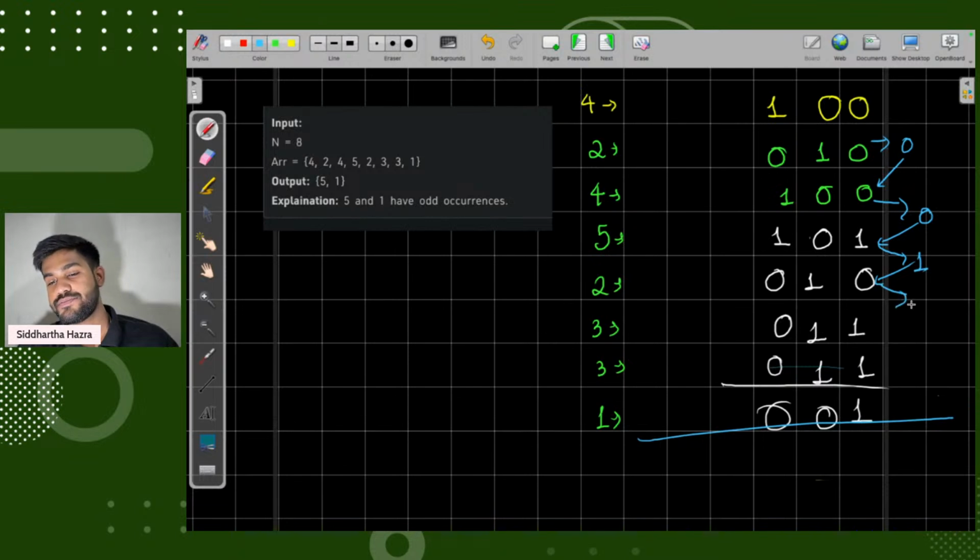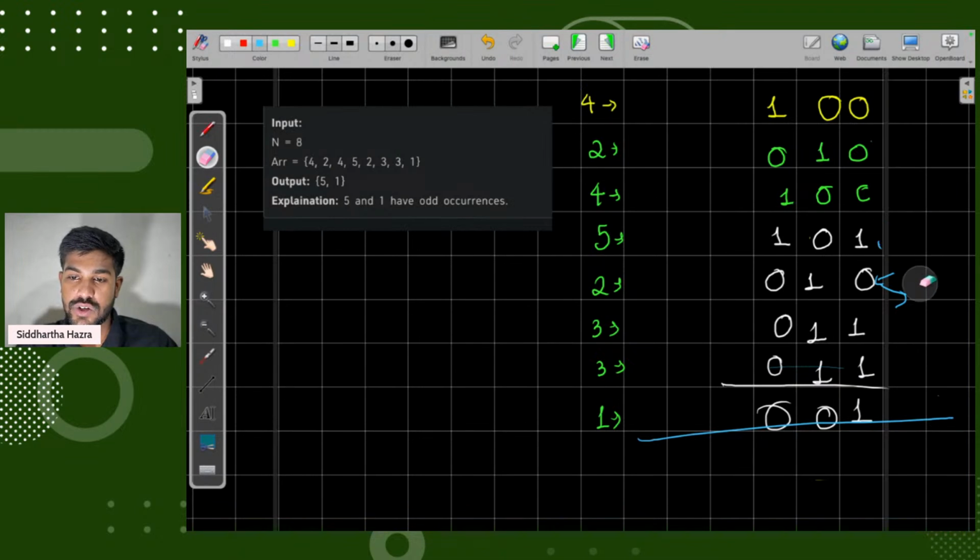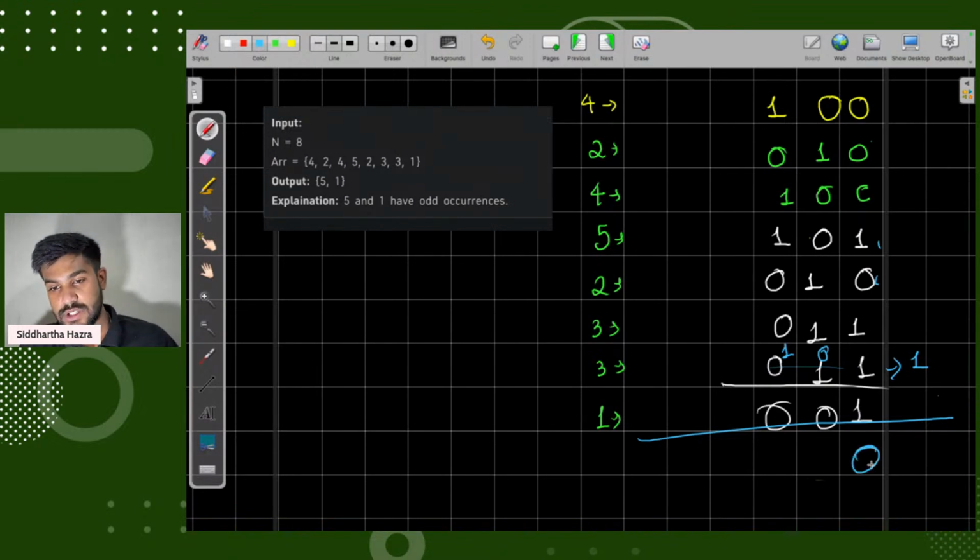We have already done up to this point, so why do it again? We already know that up to this point this is 1, and this is 0, and this is 1. So 1 XOR 1, the value would be 0. 0 XOR 0 XOR 0 is equal to 0, and 1 XOR 0 is equal to 1.